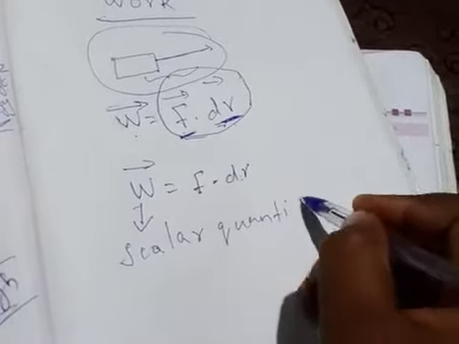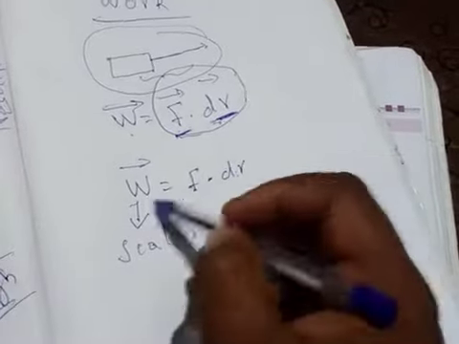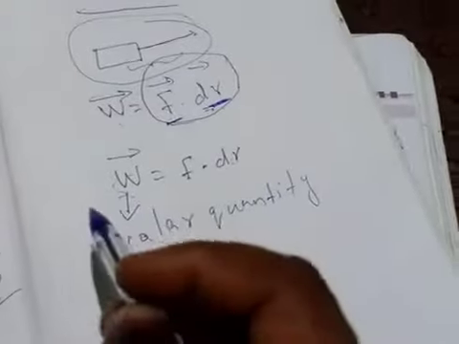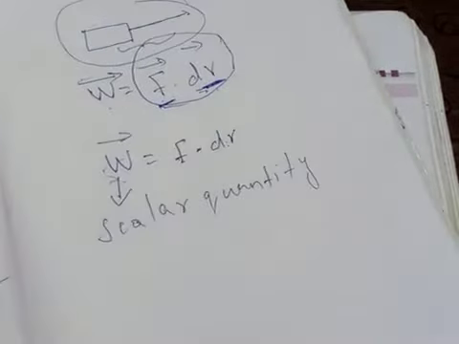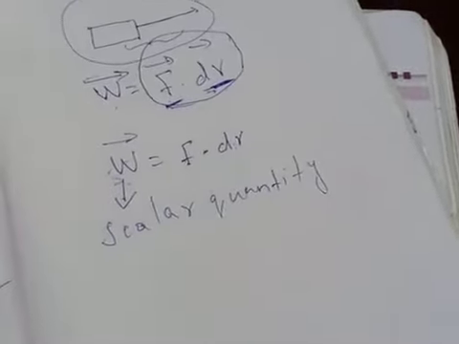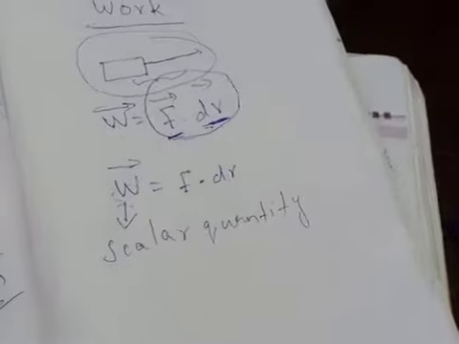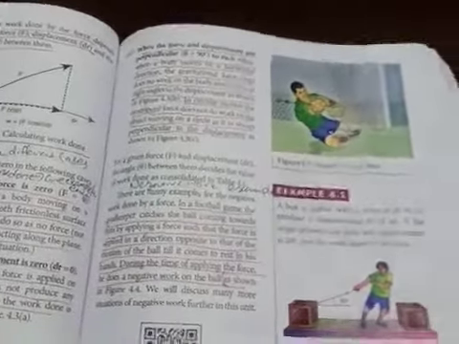So it does not have a direction but it has magnitude. And we know that the unit of work done is the same as that of energy. So energy transformed is equal to work done, we can tell.